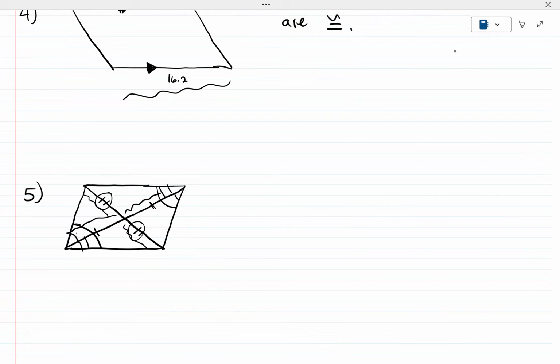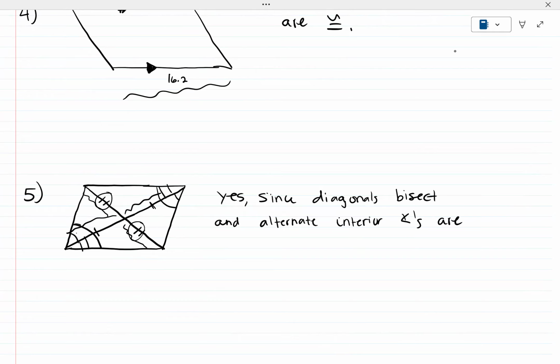So, yeah, I'm going to say yes because, since diagonals bisect and alternate interior angles, that means we have parallel lines.